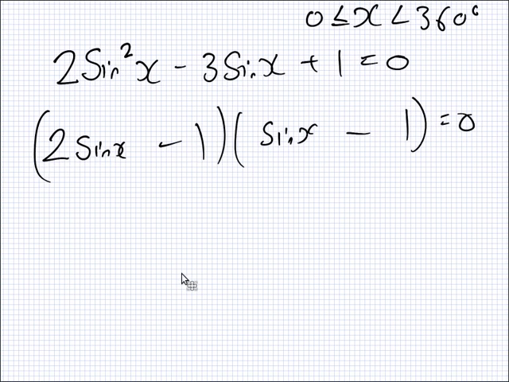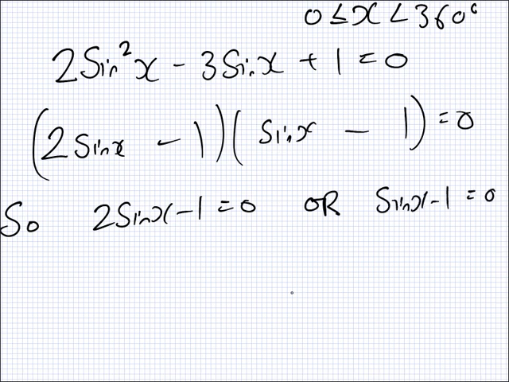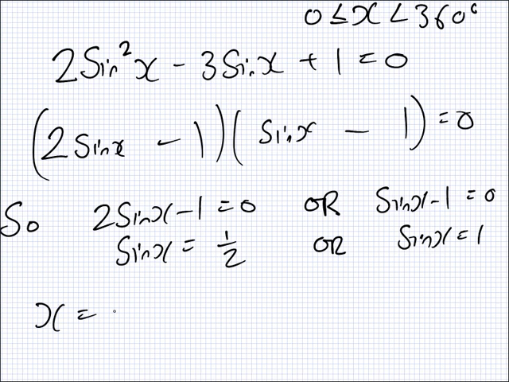So, 2 sine x minus 1 equals 0, or sine x minus 1 equals 0. That means sine x equals 1 over 2, or sine x equals 1. Now let's get the first answer on the calculator. The first answer is sine inverse a half, and that's 30. While we're here, we might as well get the second answer.